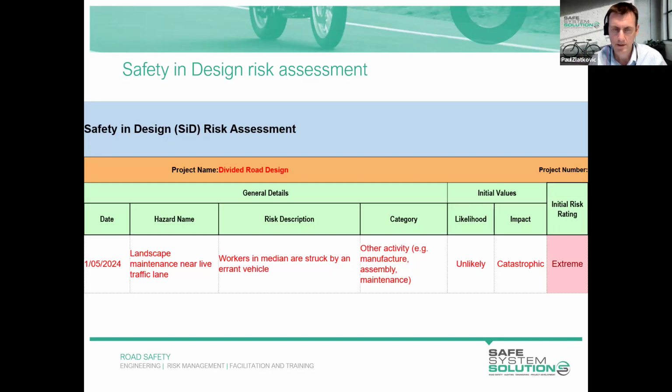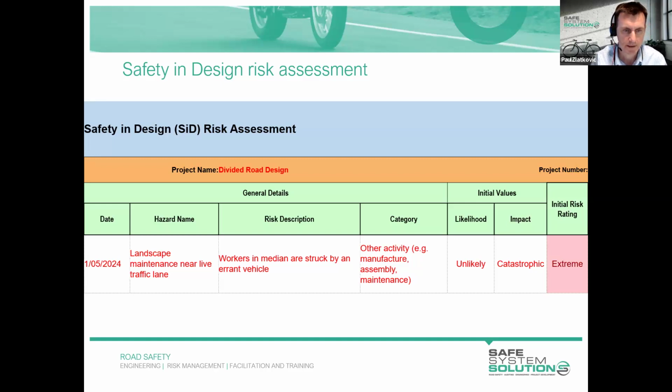And as I said earlier, there's expected to be some variation between assessment of risk between people, and by getting that safety and design consultation group together with a range of skills and experiences, it will allow us to improve the outcomes of our risk assessment.